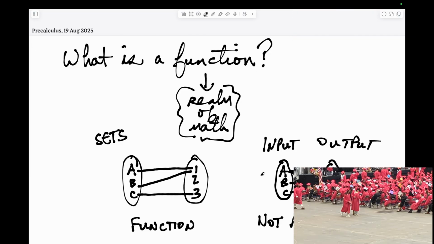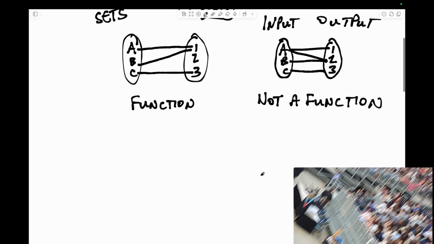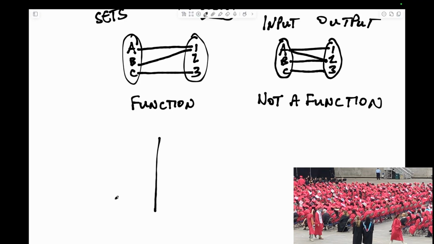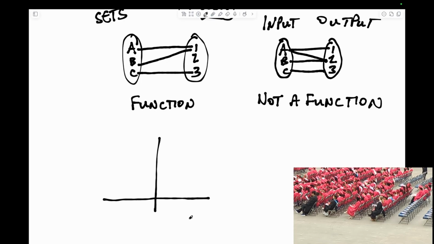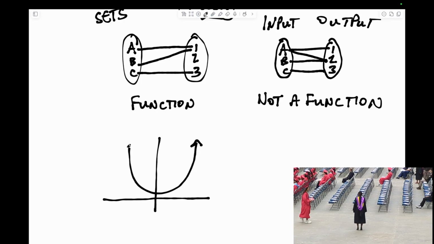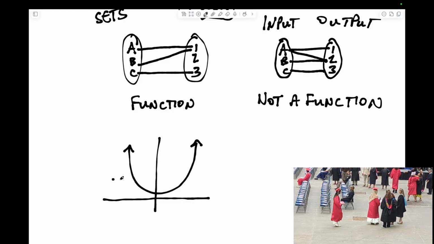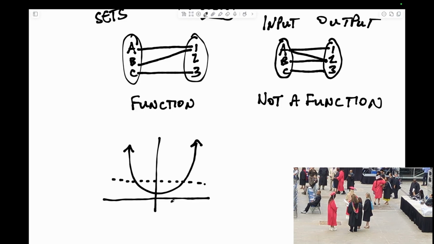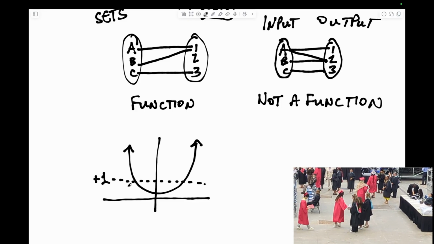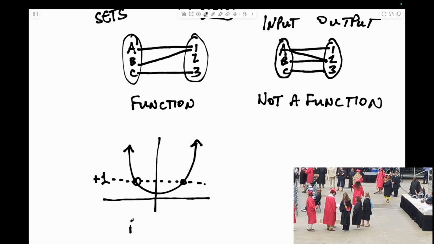Let's see this in terms of graphing a little bit. We see at this level, we have a certain y value, and we could call that a positive 1. And we see that that occurs at two places on this parabola.